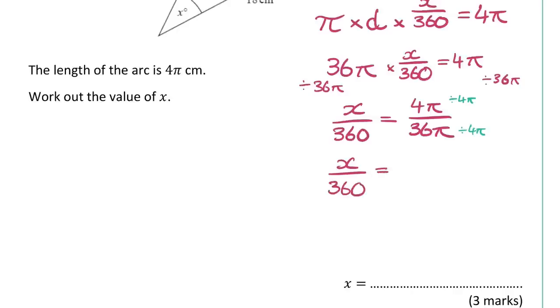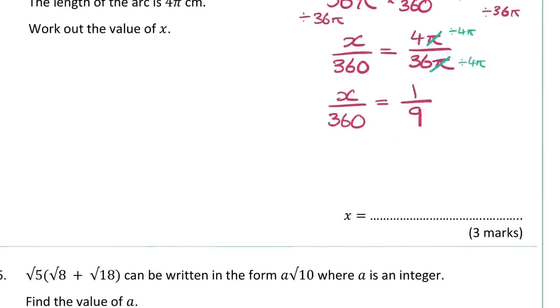You could divide top and bottom by 4 if you want and cross the pi's off. Completely up to you. It's probably easier just to cross the pi's off. They just cancel out. And then it's just 4 over 36, which we're simplifying. So the top divided by 4 is 1. The bottom divided by 4 is 9. So x over 360 is equal to 1 over 9.